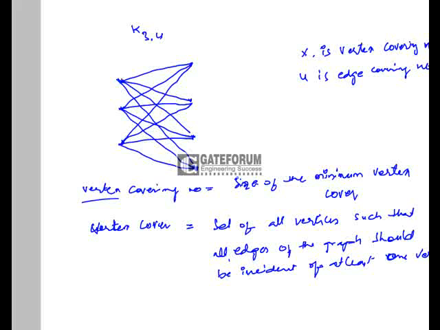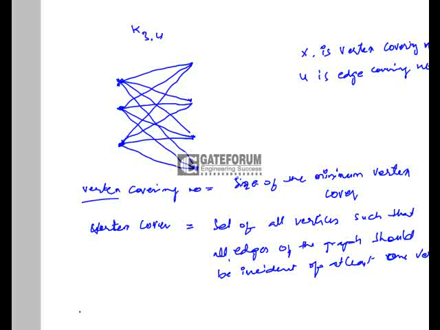If we take these three vertices, all the edges of the graph are incident to these vertices. That means there is no edge which is not incident on these 3 vertices. So this is the minimum vertex cover, and its size is 3. So the vertex covering number is 3, which is nothing but minimum of m comma n.